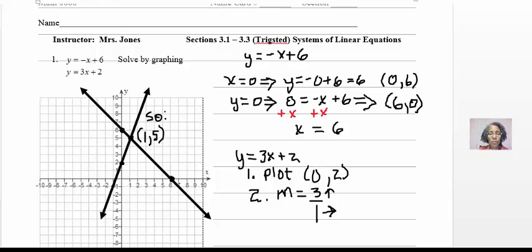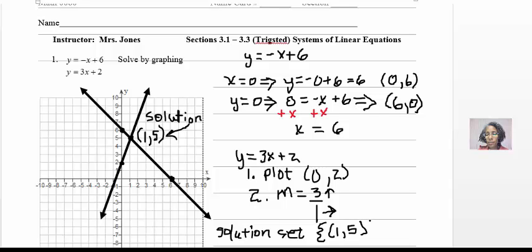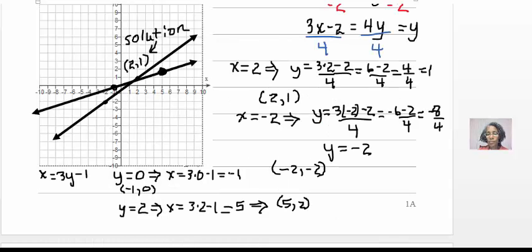Here in the first problem, my solution was the point (1, 5). If I want to write the solution set, that's the set containing the ordered pair (1, 5) for the first problem. And for the second problem, if I want to write the solution set, that's the set containing the ordered pair (2, 1).